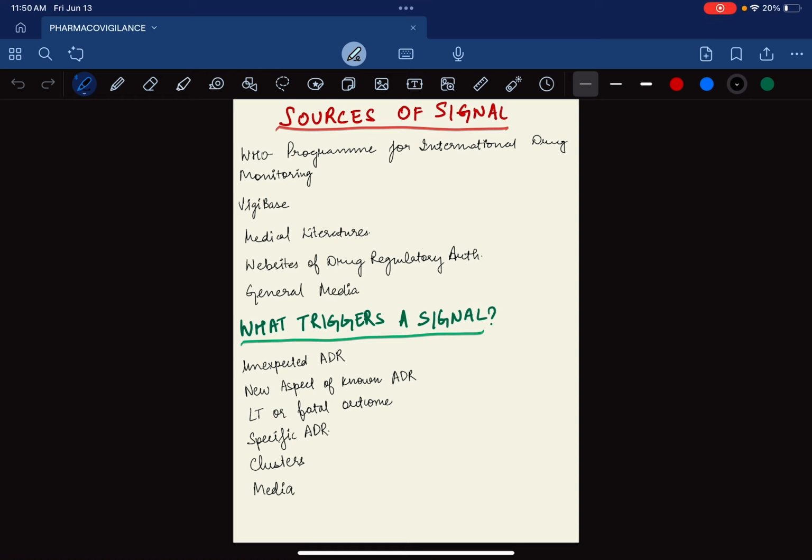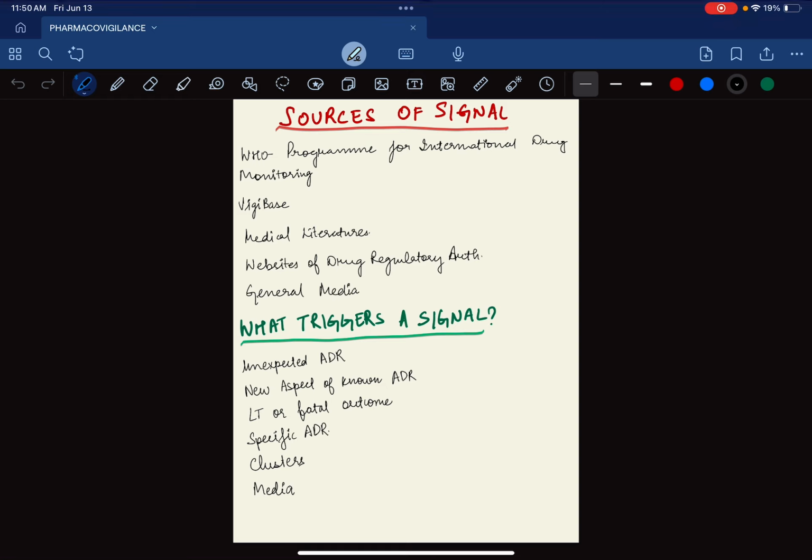We get the ICSRs from various sources, and therefore, if we talk about the sources of signal, the WHO program for international drug monitoring is there, and there are various sources that are listed, which is VigiBase. VigiBase is a platform where we receive a high number of data related to adverse events, and it is a WHO global database.